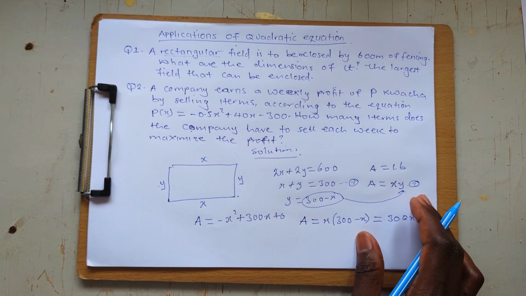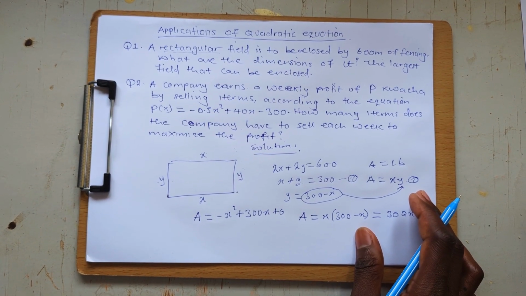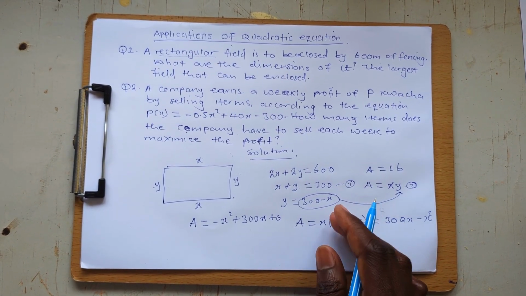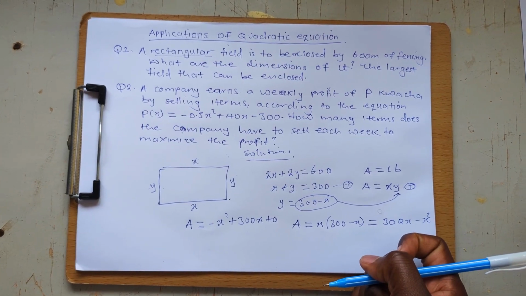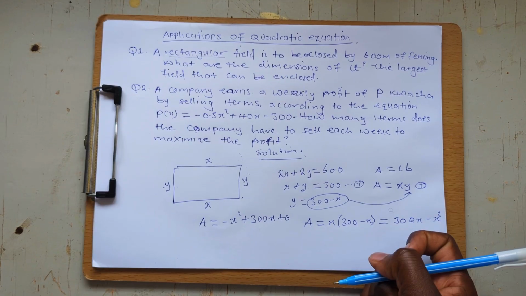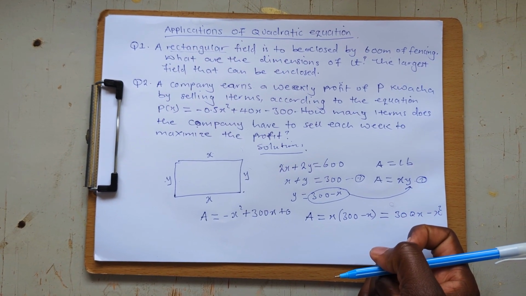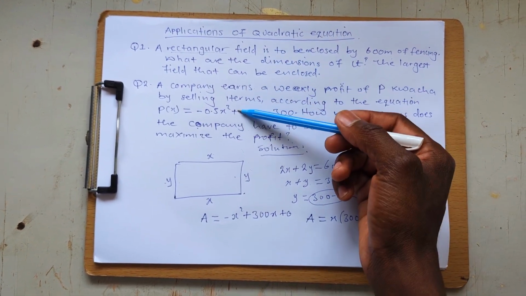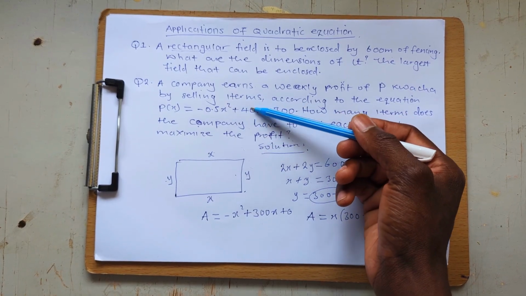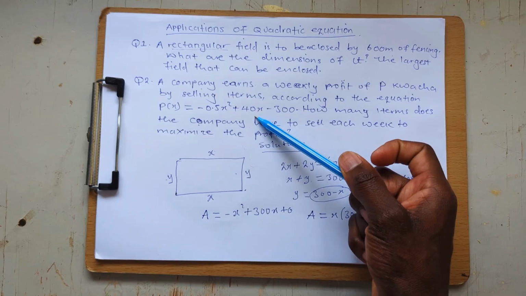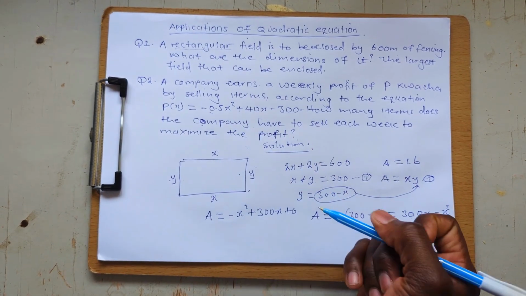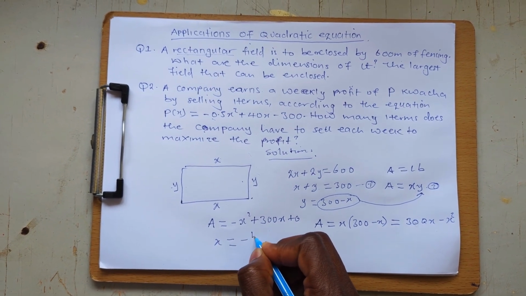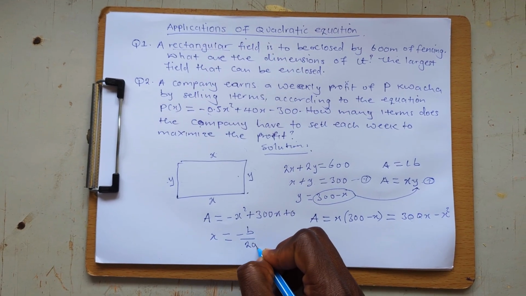So how are you going to end up having the dimensions that these people want? You are supposed to know the exact formula we use to get the maximum point, or rather the dimension. In both the first question and the second question, if you want to get the dimensions, or rather the amount, since in the second we will be dealing with amount, you have to use x equal to negative b over 2a.